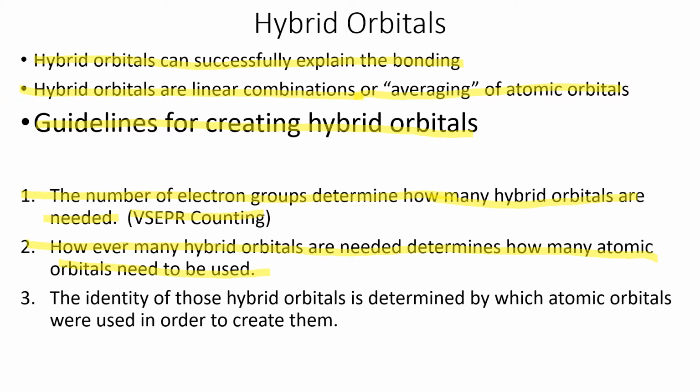The third guideline says that the identity of those hybrid orbitals is determined by which atomic orbitals were used to create them. The end result is based upon what you started with at the beginning. We're going to use these three guidelines for each of the different types of hybrid orbitals, and we'll see these guidelines in action.